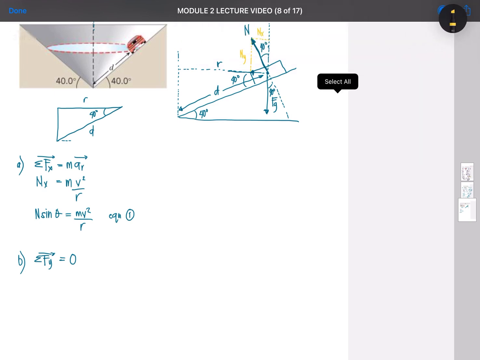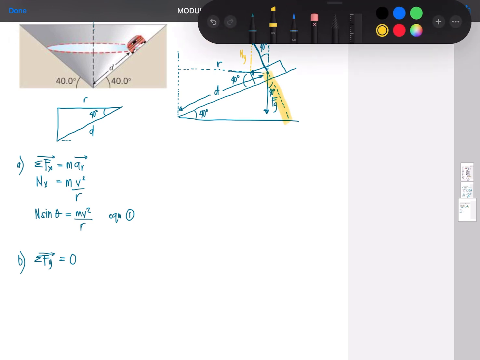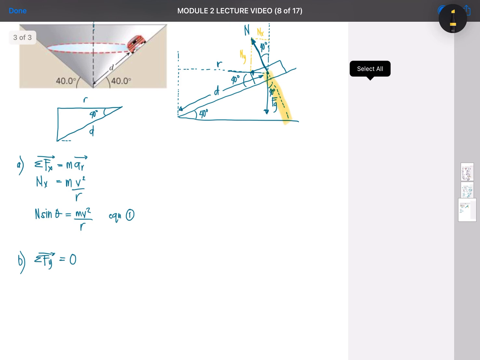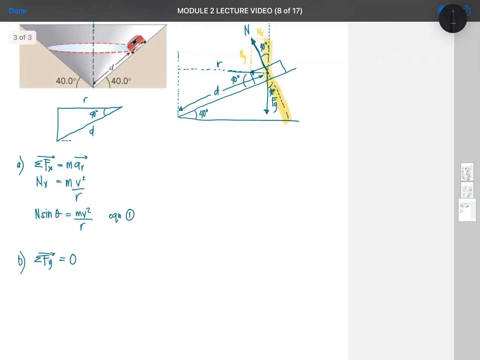Here, we have f sub g, and then we also have the normal force along y, and so it's positive, and then we also have a minus the weight, that is equal to 0.